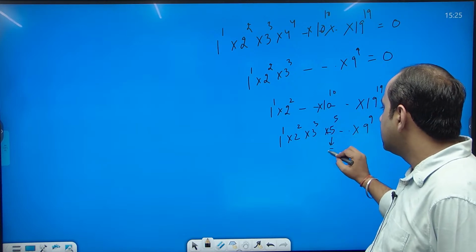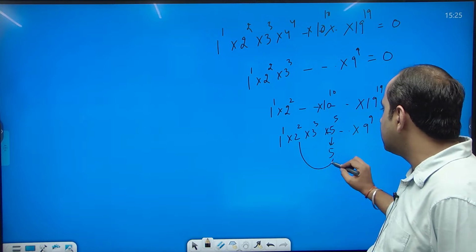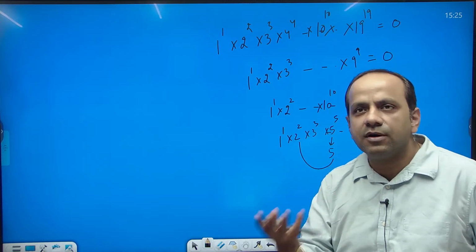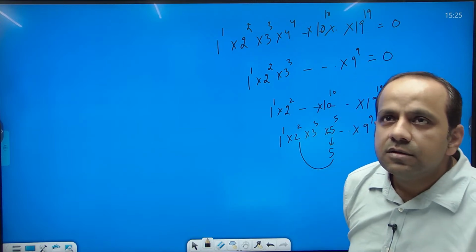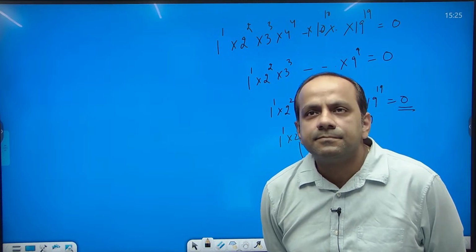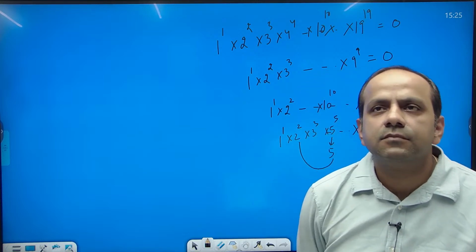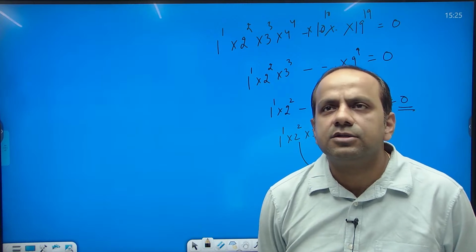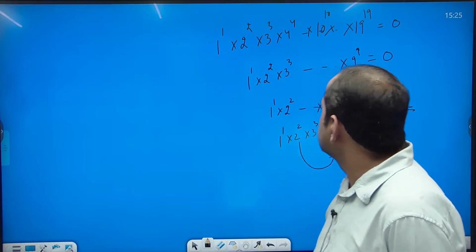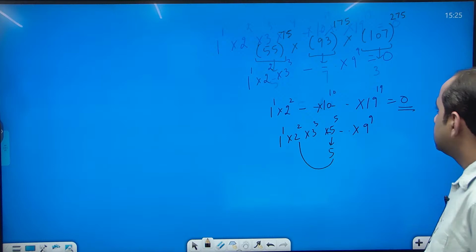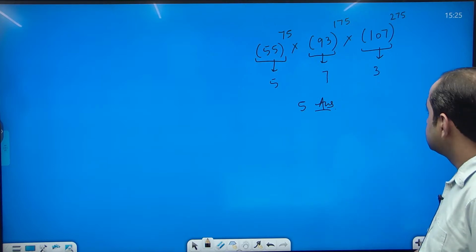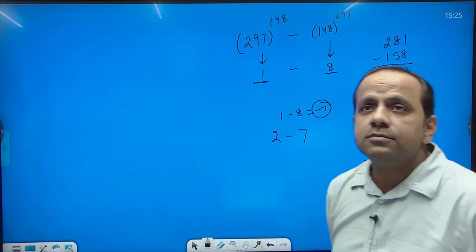That will be 5. And when 5 is multiplied with any even number, whether it is 2 to the power 2, 4 to the power 4. Okay. Got it?